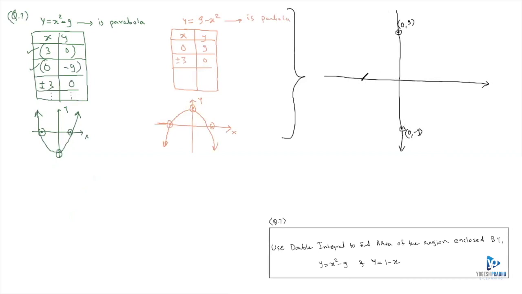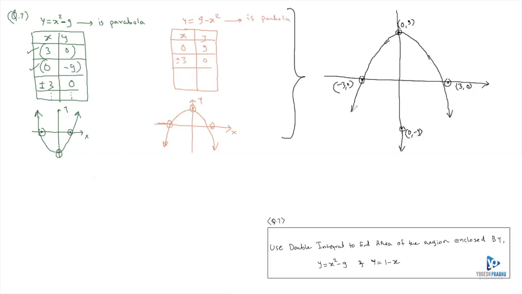Then this point here is (-3, 0), and this point here is (3, 0). Then one parabola goes like this. It's not a very good parabola, but you get the point. And the other parabola is this. And what we want to find out is the area between these two.